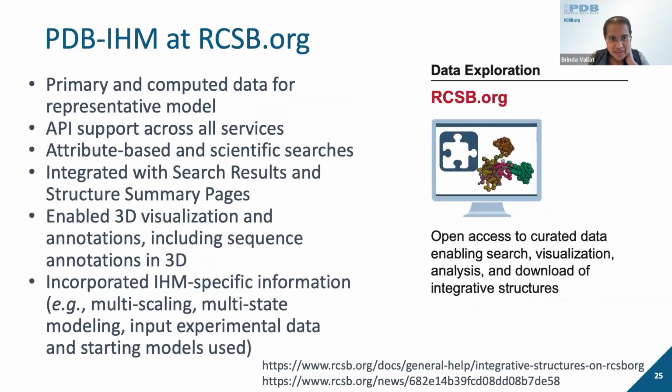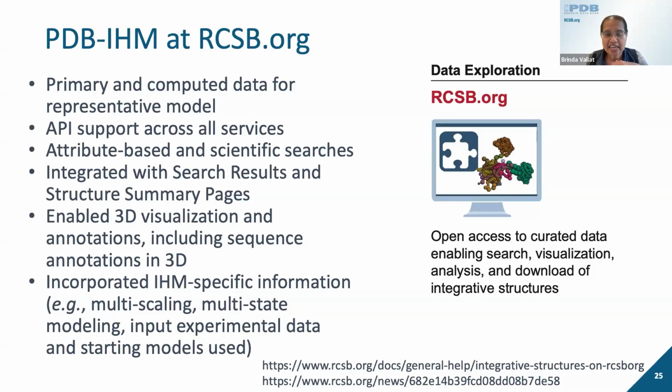Before I go into the demo, I just wanted to give you an overview of what's going to come. All RCSB.org APIs and search services now support integrative structures. Individual structure summary pages are available for these structures, and they can be visualized using Mol* on the website.